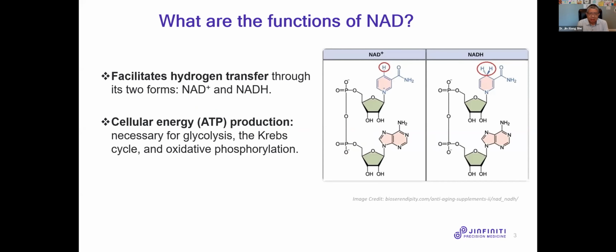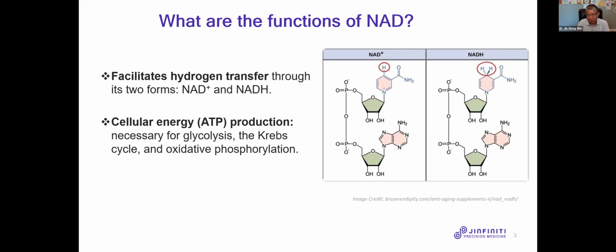So the hydrogen transfer is very important for the production of cellular energy in terms of ATP. And this is required for several of the energy production processes, including glycolysis, the Krebs cycle, and oxidative phosphorylation. So without NAD, you wouldn't be able to produce ATP, and we wouldn't live for very, very long.